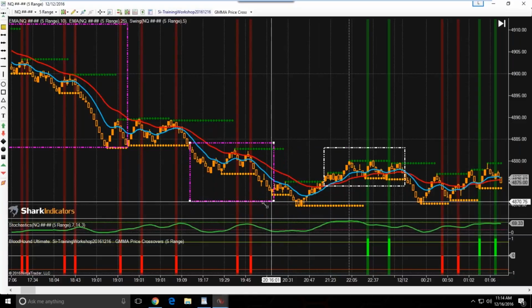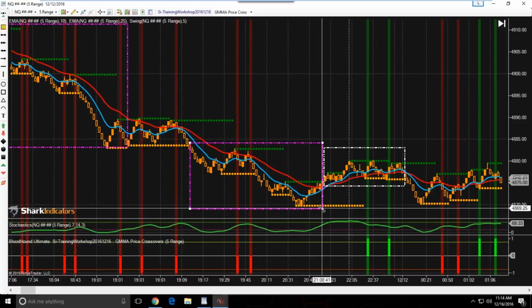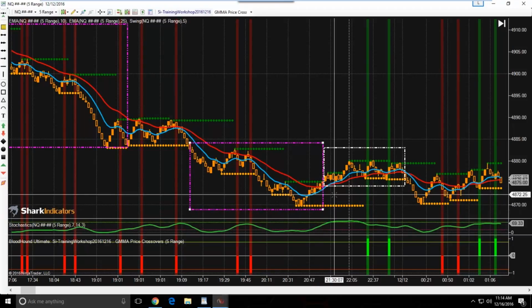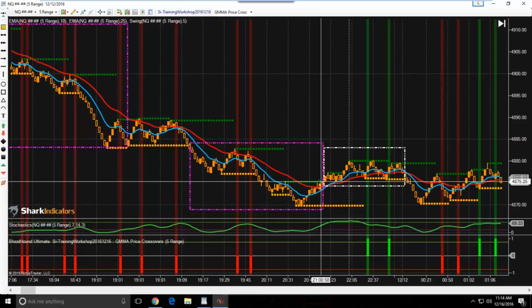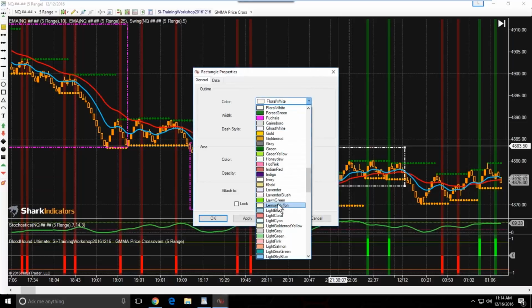And let's see, when would it end? Looks like it wouldn't end until about there. Yeah. So we broke the swing high right here. And then it looks like we're in an uptrend.